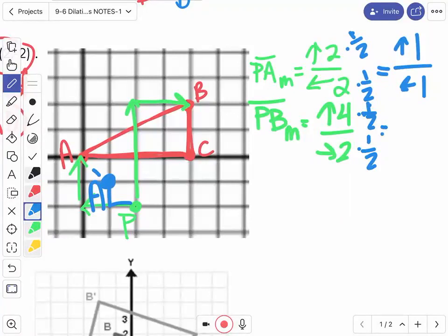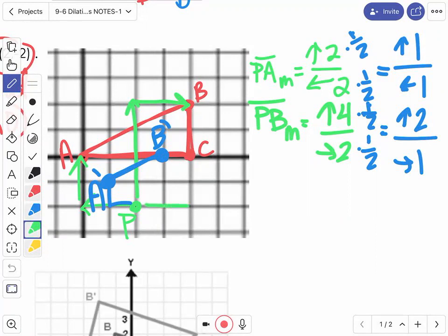So instead of up 4, we're only going to go up 2. And 2 times 1/2 is a 1. And again, we just go the same direction. The fraction is only getting multiplied to the numbers. So up 2 and over 1. And there is my new B. So B prime.